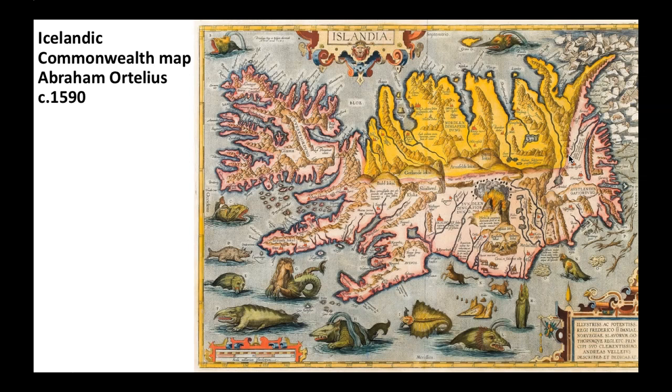I want to just show you this Icelandic Commonwealth map by Abraham Ortelius. Ortelius was a well-known cartographer, but here we believe that in this Commonwealth of Iceland, he had been tasked with depicting all of these different beasts to create a territory that was threatening.